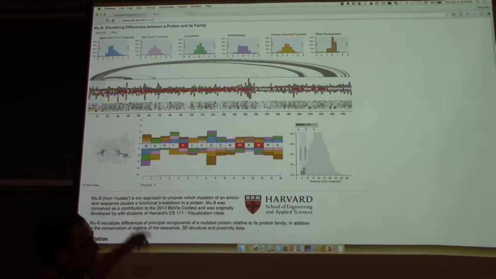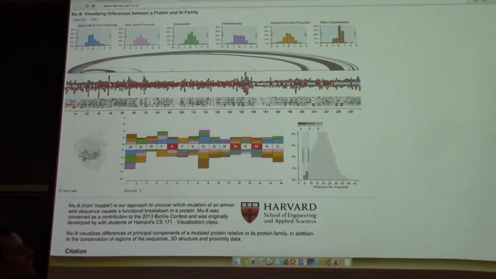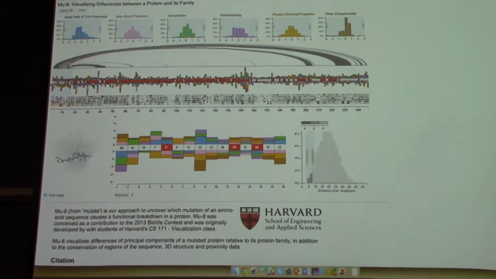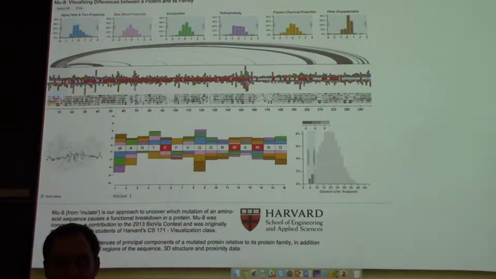So every single cell here on the x-axis is one amino acid, and so we had 200 or 300 sequences with different amino acids.